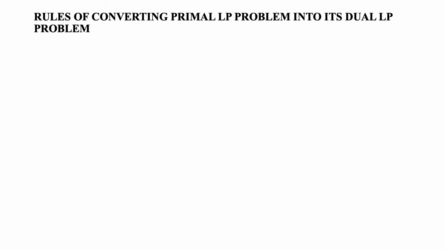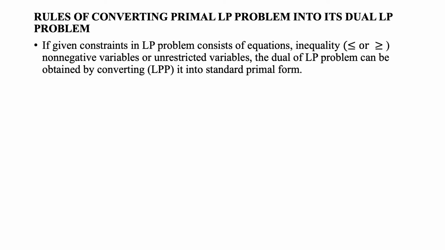First, if the constraints in an LP problem consist of either equations or inequalities, or even non-negative variables or unrestricted variables, four cases are there, the dual of the LP can be obtained by converting the given LPP into standard primal form first. As I told you, first we have to convert the primal problem into a standard primal problem.